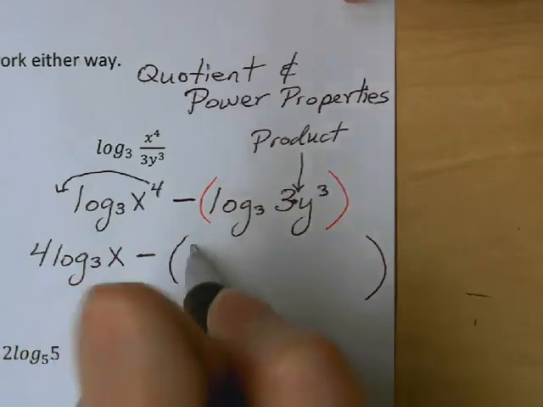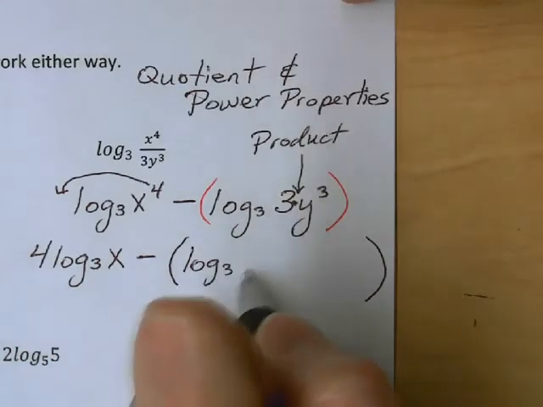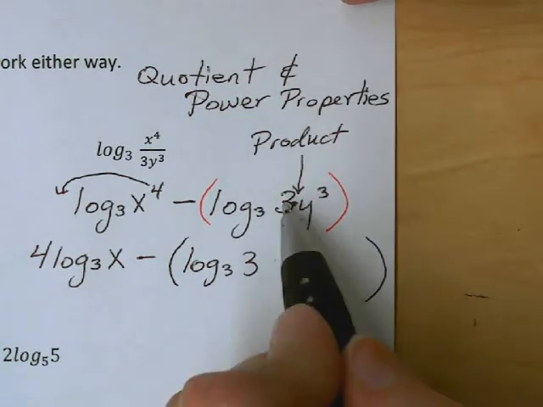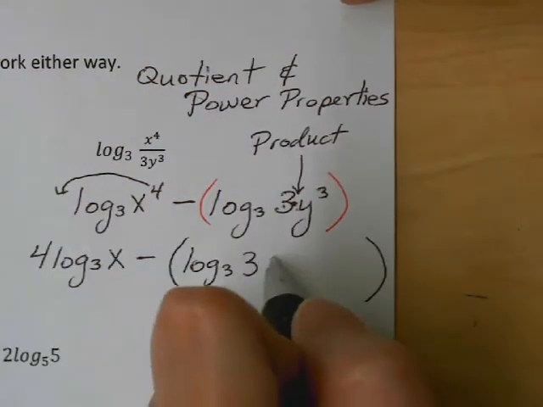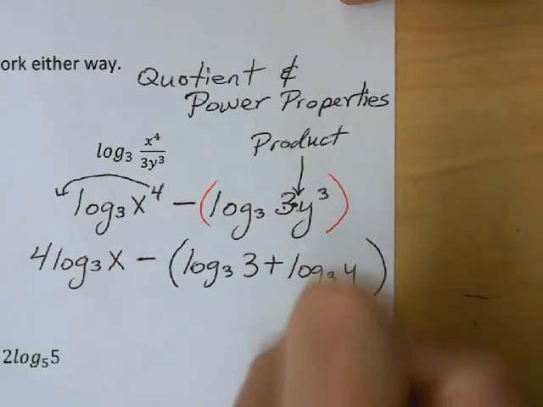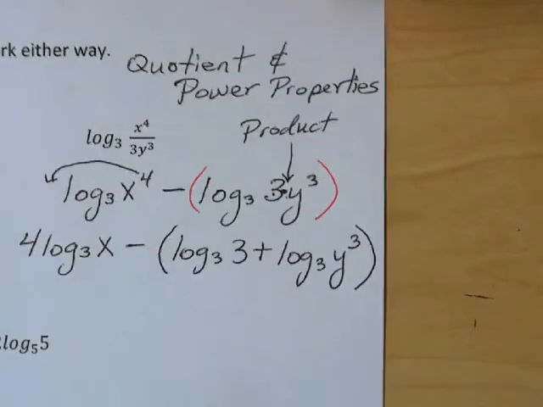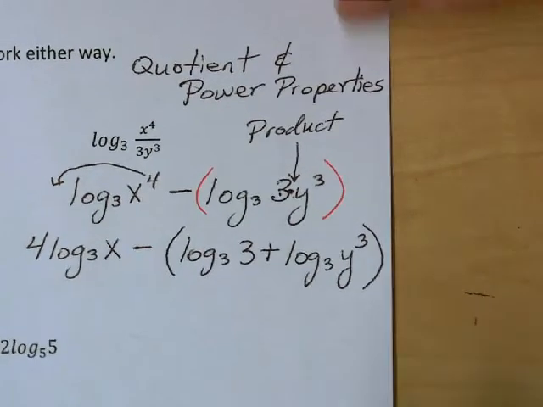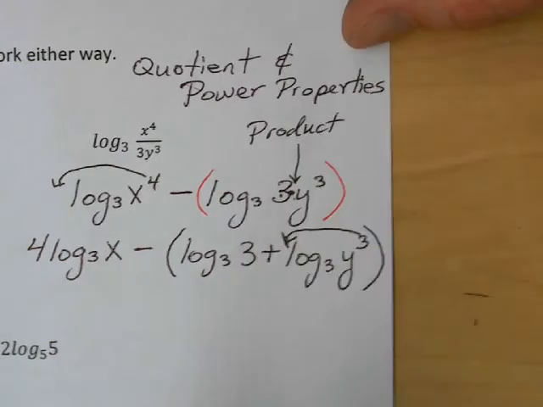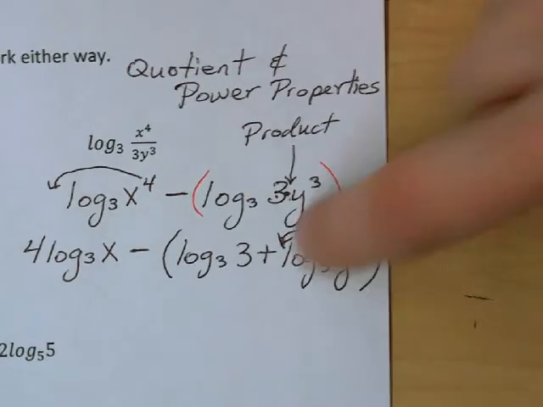Log 3 plus log 3y. Yeah, so log base 3 of 3, it's like 3 times this, so it's log base 3 of 3 plus log base 3 of y to the 3rd. That's a lot going on, and then finally this 3 can come in front of this. That 3rd power can go in front of that.